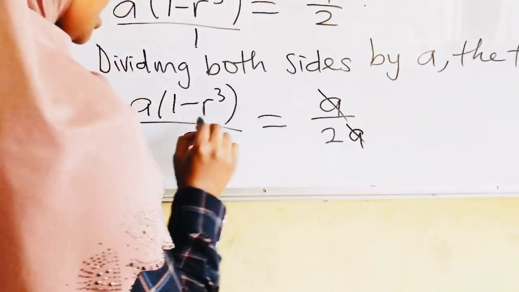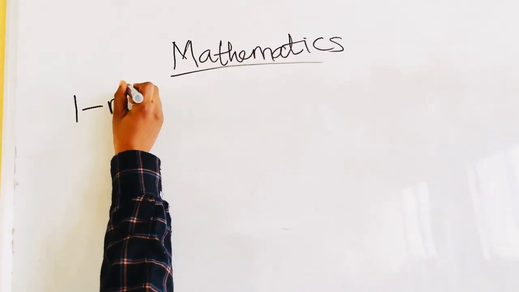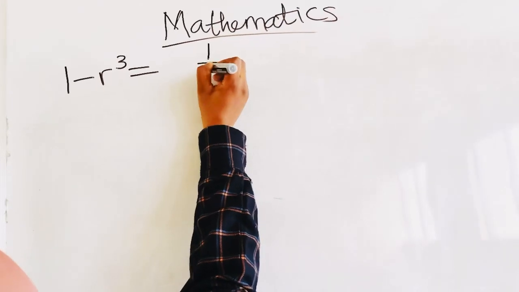So a cancels a. We are left with 1 minus r cubed is equal to 1 over 2.